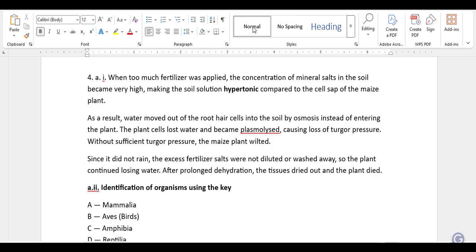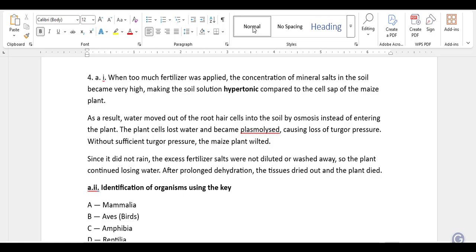As a result, water moved out of the root hair cells into the soil by osmosis instead of entering the plant. The plant cells lost water and became plasmolysed, causing loss of turgor pressure. Without sufficient turgor pressure, the maize plant wilted.